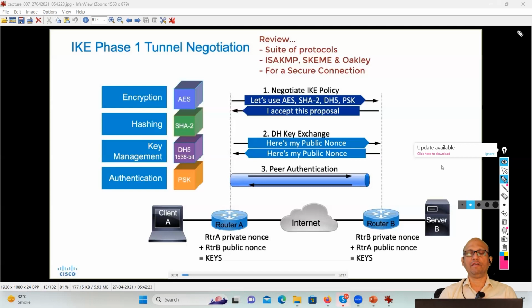So later on they came with asymmetric. What is an asymmetric key? Router A is going to generate a private key and a public key.